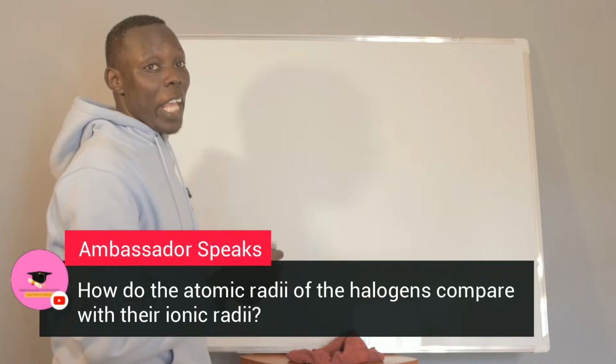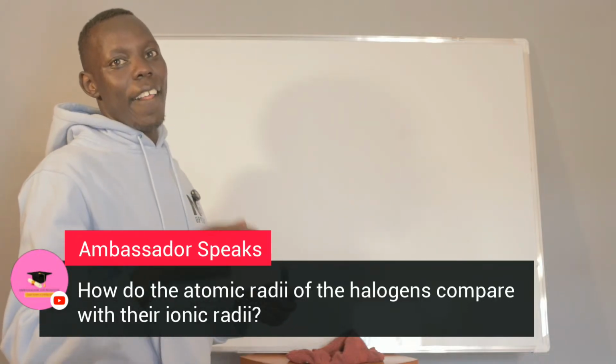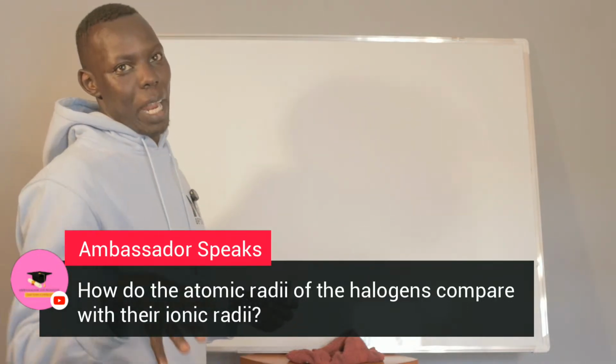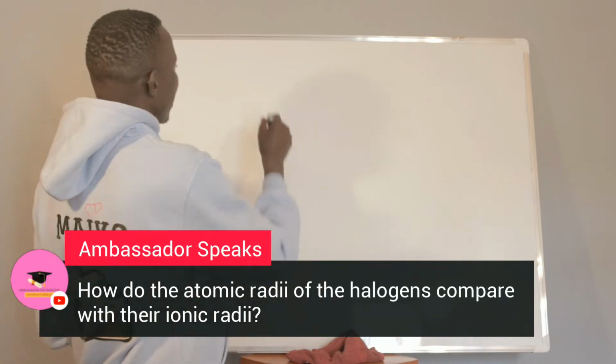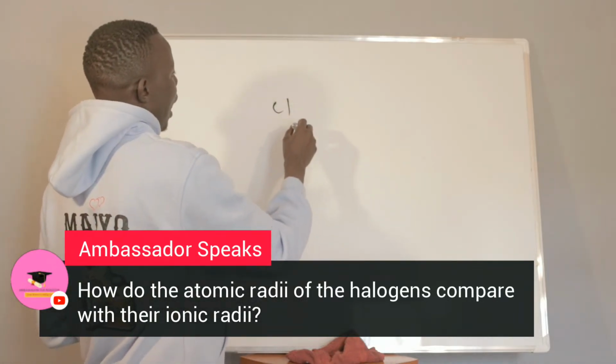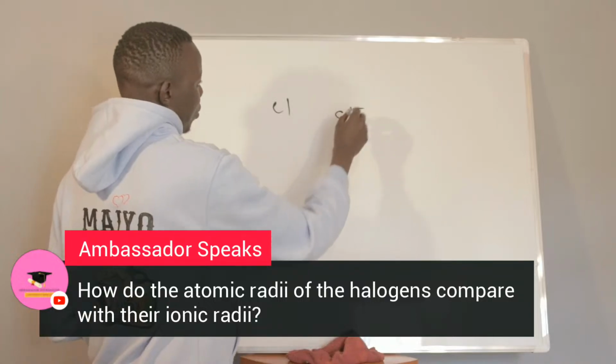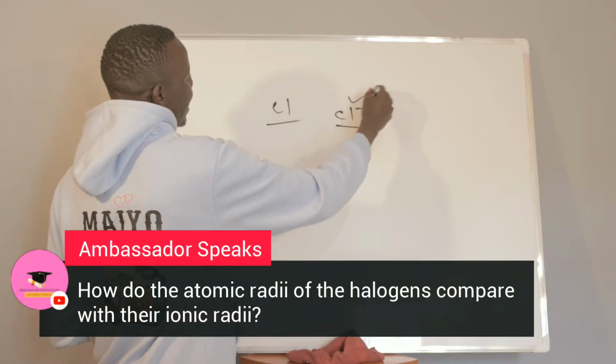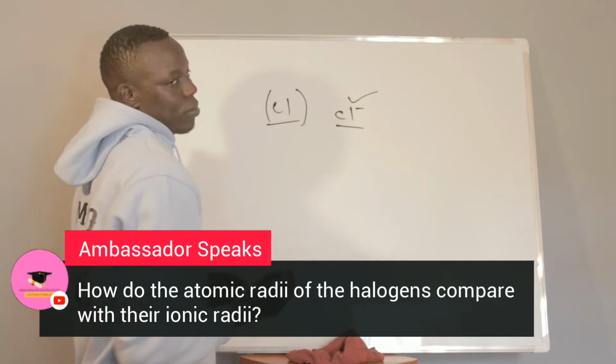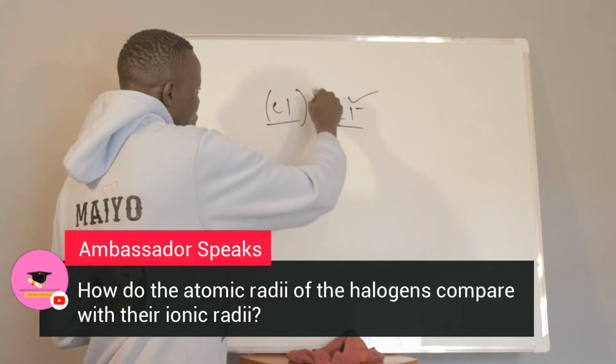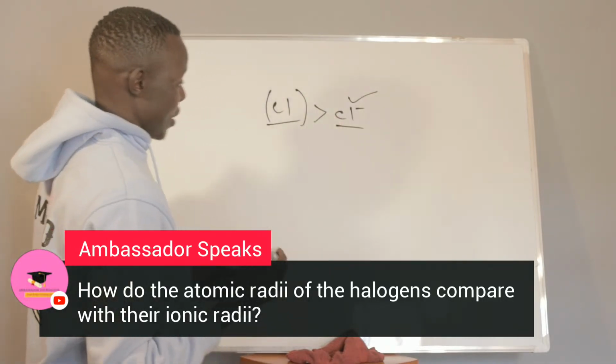Always, the ionic radius is larger than the atomic radius of the same element. If you pick a chlorine atom and a chlorine ion, the ion is greater than the atom.